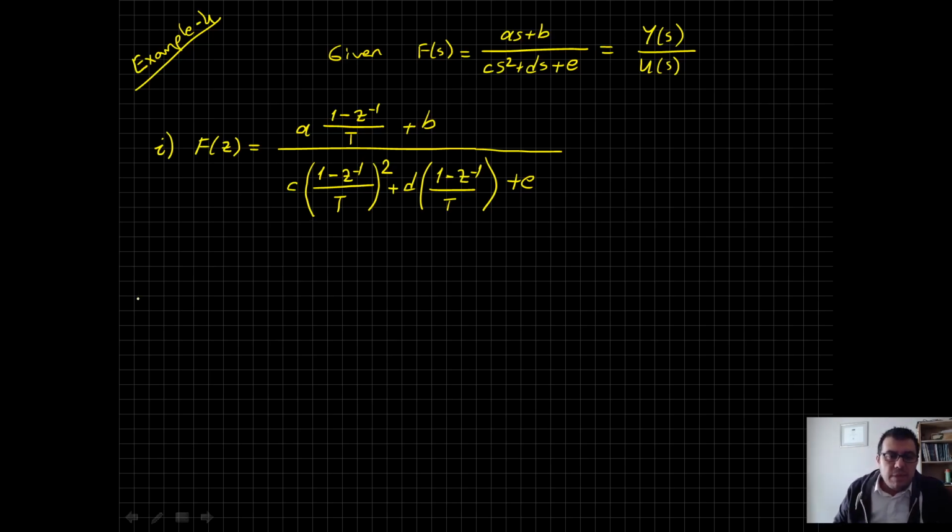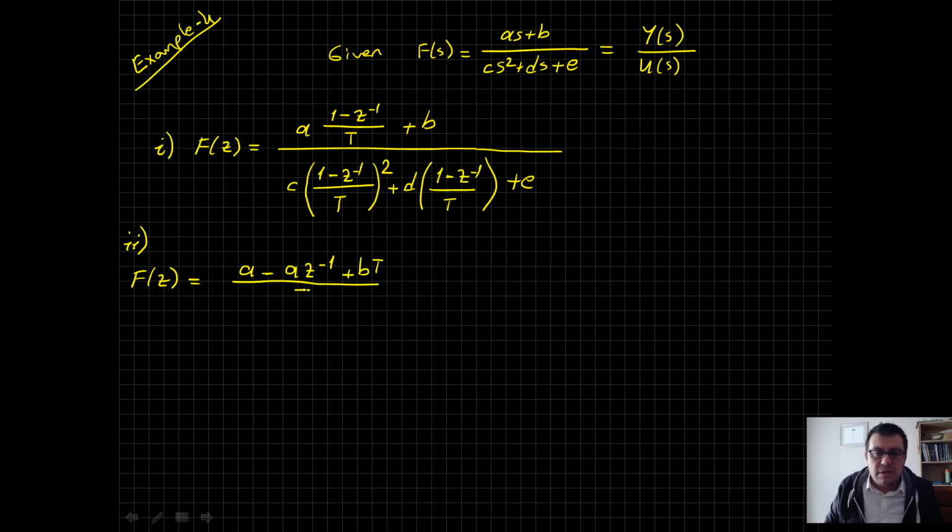If you try to expand this, you're going to have, that's actually the second step, f of z is, here you have a minus a times z^-1 plus bt over t in the numerator, right?